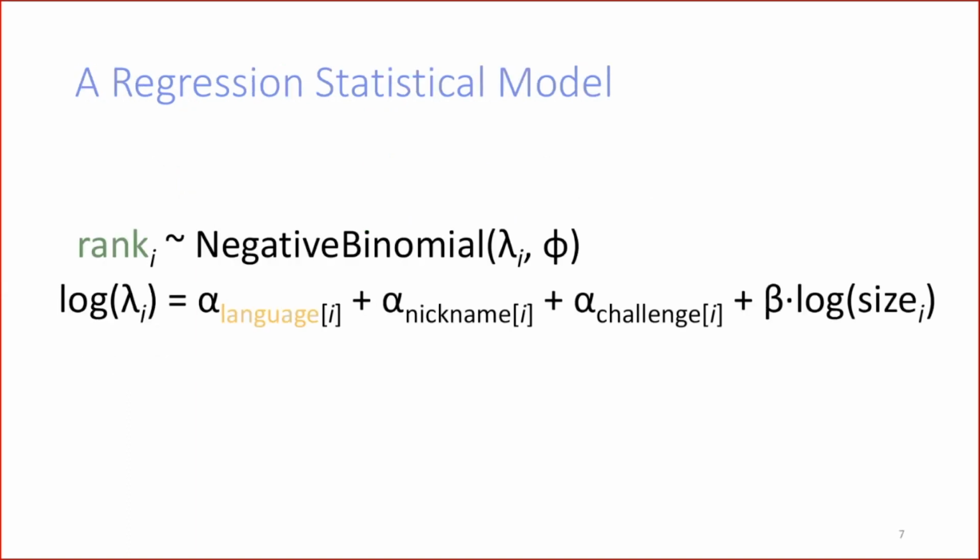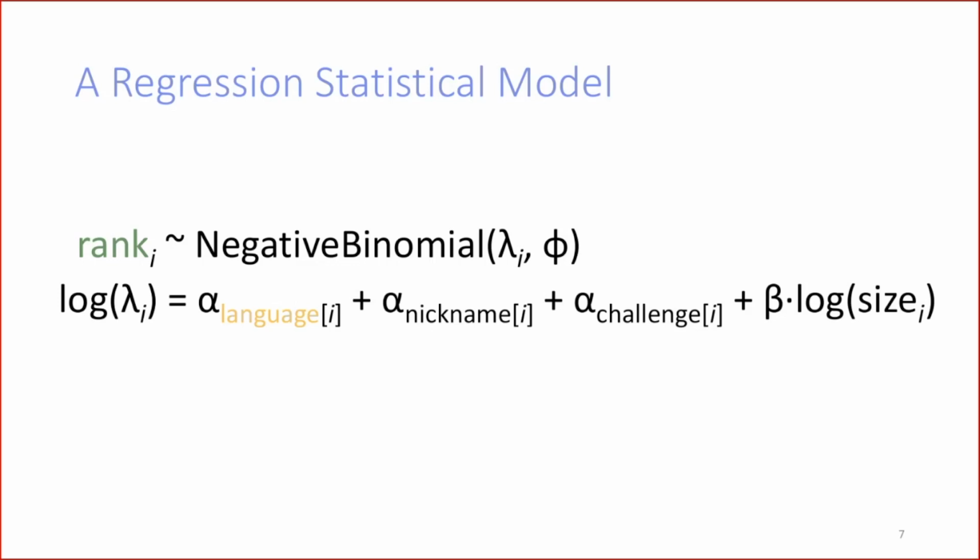Okay, so the first thing that we did was fit a fairly straightforward regression model on this data. The response variable, the outcome, is the rank. It's a negative binomial because rank is a positive integer, and negative binomial instead of a Poisson simply because we want a separate parameter for the variance.